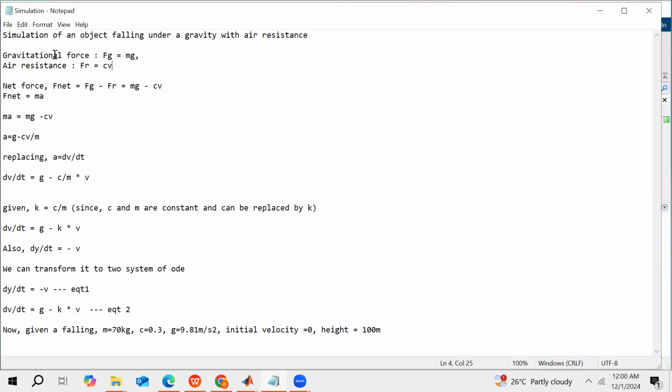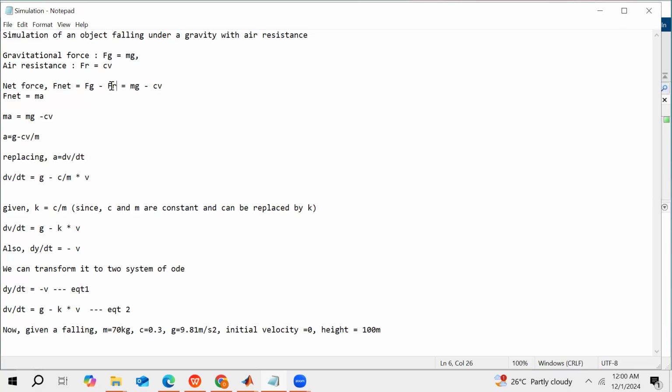Given the gravitational force and the air resistance force, we have the net force that we defined here. The net force is the difference between the gravitational force and the air resistance. It is ideal that the gravitational force is far, far greater than the air resistance.